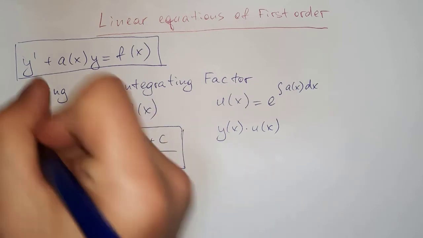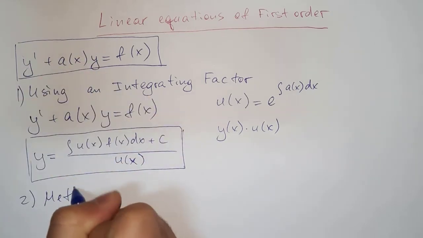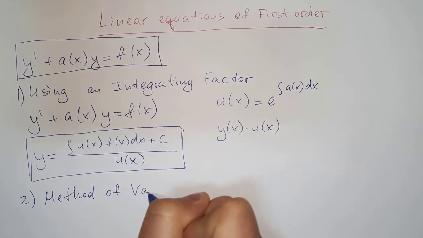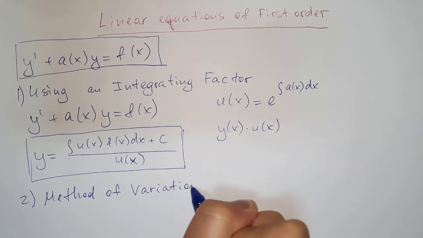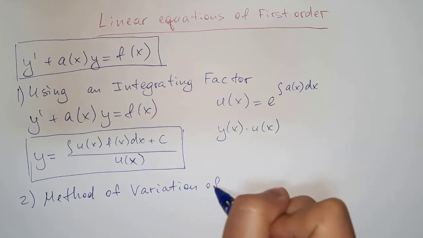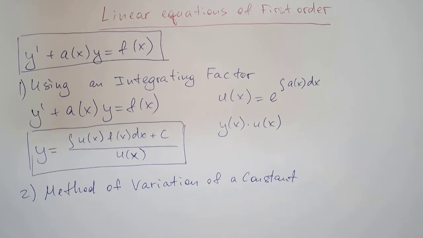This is the first method. And the next method is called the method of variation of a constant. This is the second method.